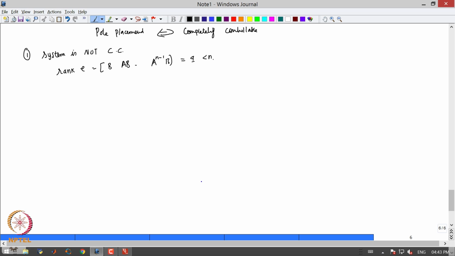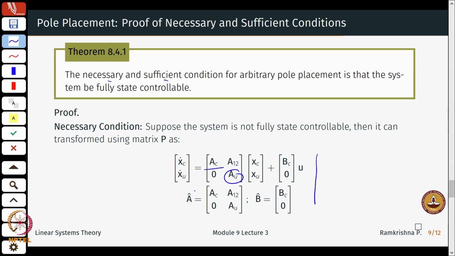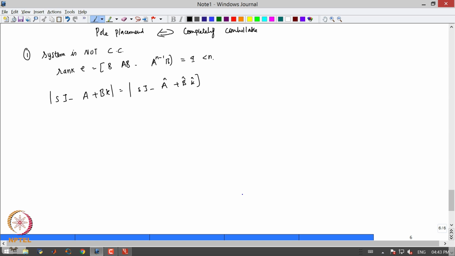Now, it is easy to check that having the characteristic equation in A and B is the same as having the characteristic equation in A cap, where A cap, B cap and so on correspond to the controllable canonical form. Now, how does this expand?